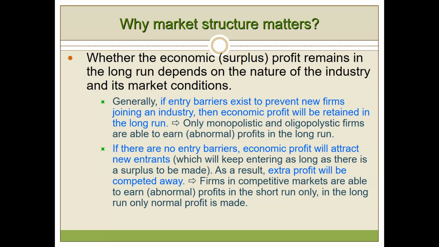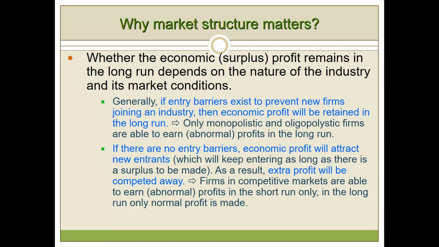In reality, only monopolistic and oligopolistic companies where entry is blocked, where there are high entry barriers, will be able to earn abnormal or supernormal or economic profit in the long run. In all other types of markets, in perfect competition or monopolistic competition, when there are no entry barriers, economic profit will be competed away.